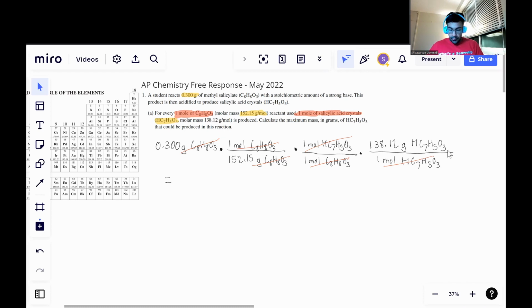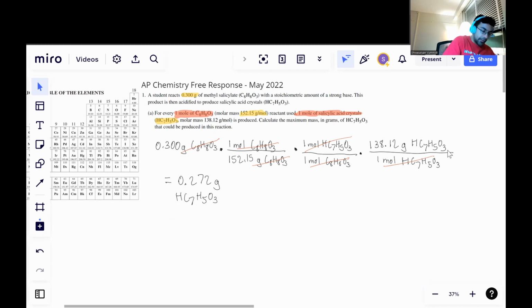0.3 divided by 152.15 times 1, then multiply that by 138.12, and that gives us 0.272 grams of HC7H5O3.